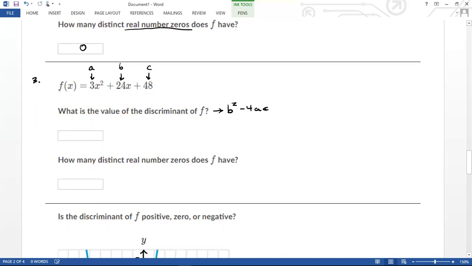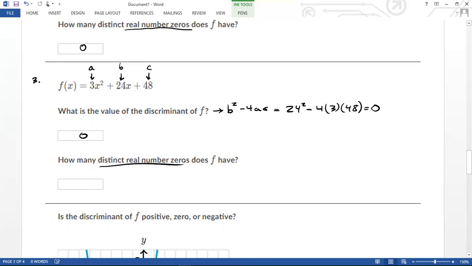That's just the part that's under the square root of the quadratic formula. b is 24, so 24 squared minus 4 times a, which is 3, times c, which is 48. And just use the calculator. 24 squared minus 4 times 3 times 48 equals 0. The discriminant is 0. So put that in the box.